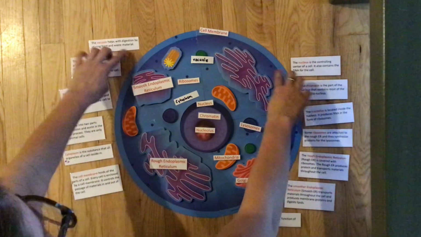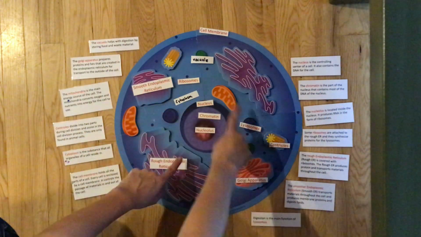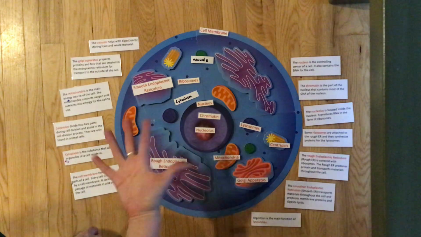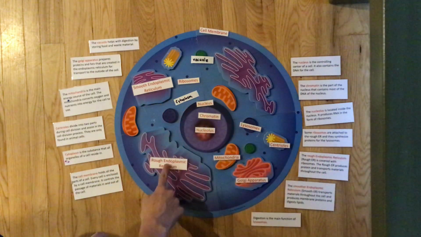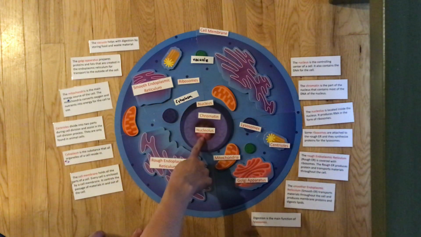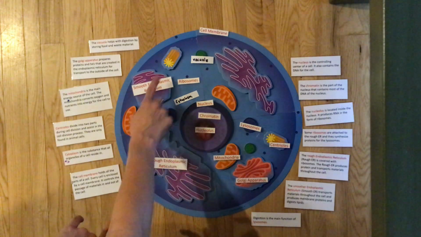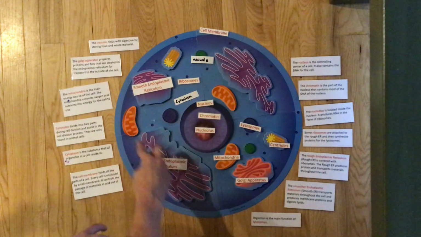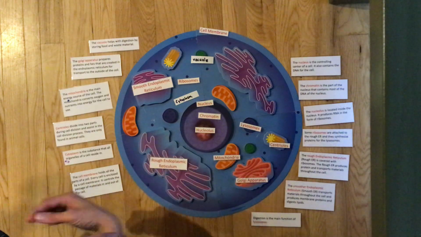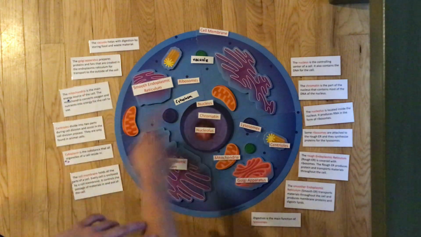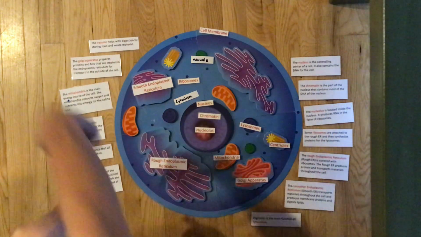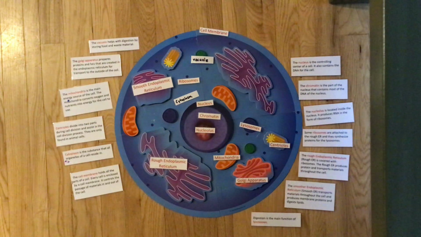So you would have all of these parts labeled, and then you need to have at least 5 of the jobs of these parts. So you can choose 5 of the organelles to write out what their job is. And the jobs are along the edge here. And there's a picture posted on Canvas as well for you to look at.